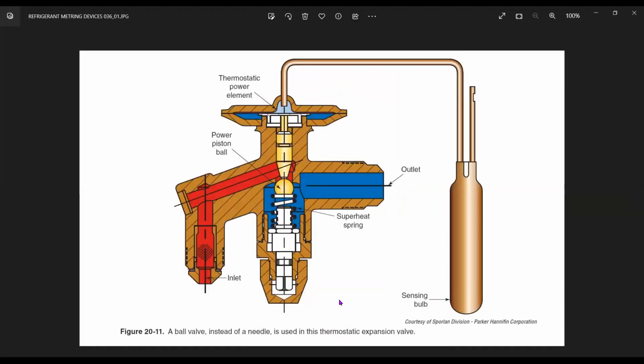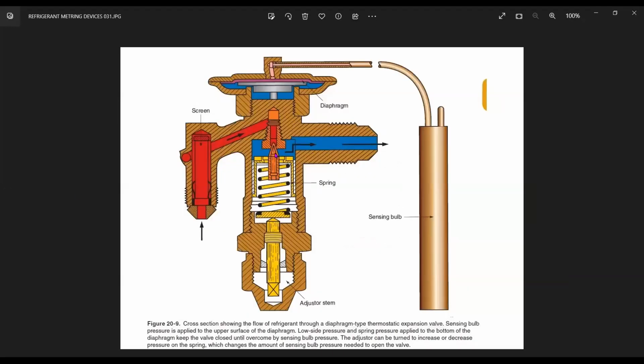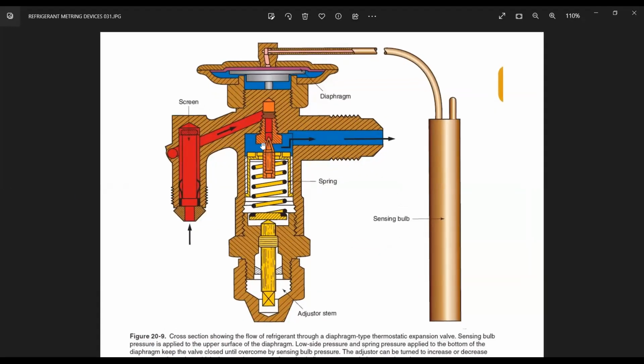सो ये देखो, ये एक और TXV है जो आपका along with that there is a ball wall instead of needle wall. This can also be possible. Like we saw this TXV with the needle wall arrangement, which is common, which I see in the diagrams everywhere. So instead of a needle wall, there can also be a ball wall like this.